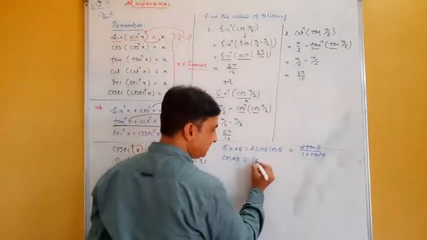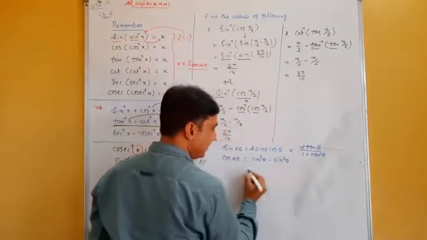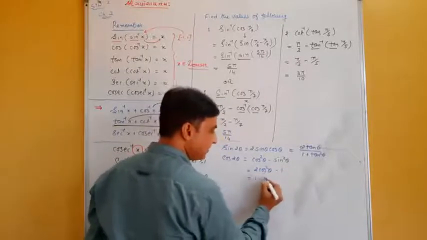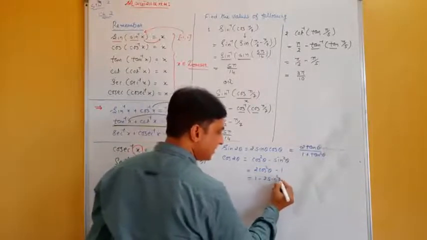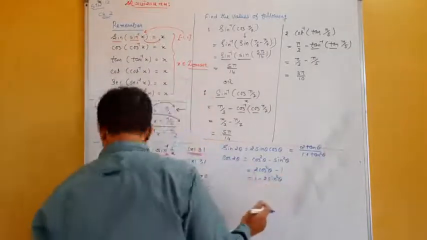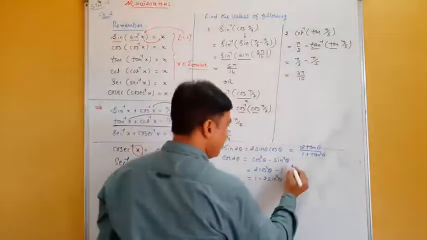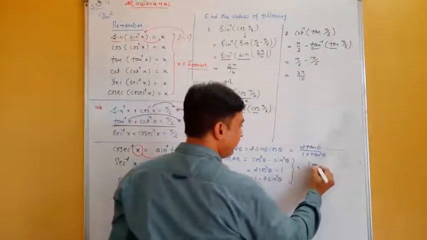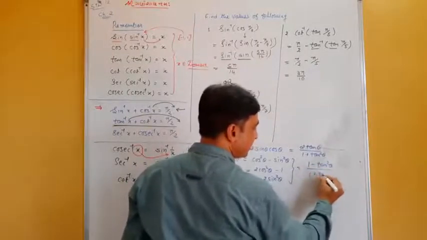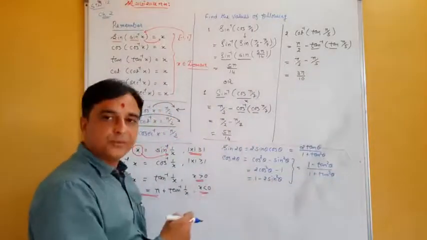Cos 2 theta has 3 different formulas for sin and cos, and 1 for tan. Cos 2 theta is cos square theta minus sin square theta, 2 cos square theta minus 1, and 1 minus 2 sin square theta. Also 1 minus tan square theta upon 1 plus tan square theta; this is the formula in terms of tan.